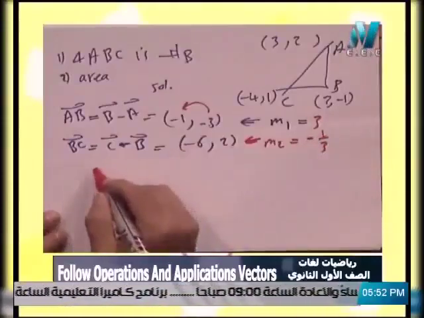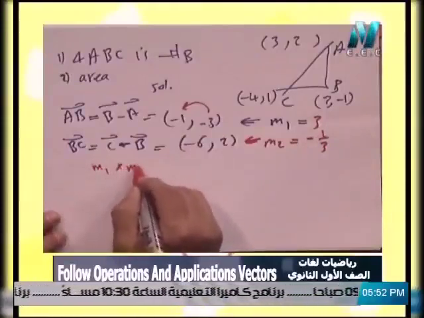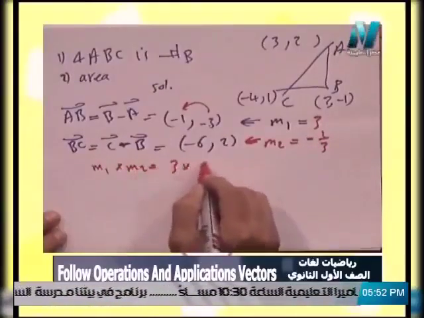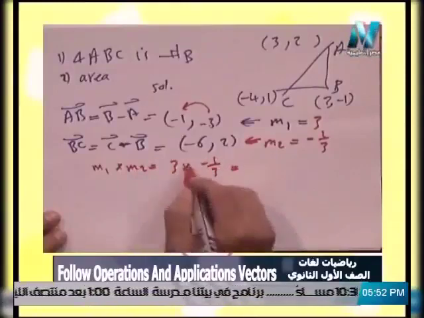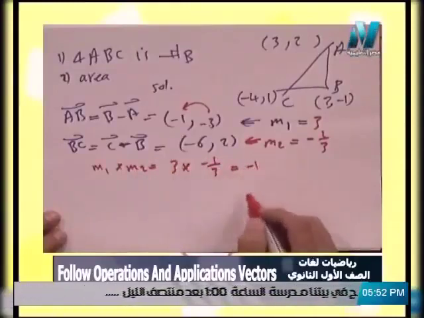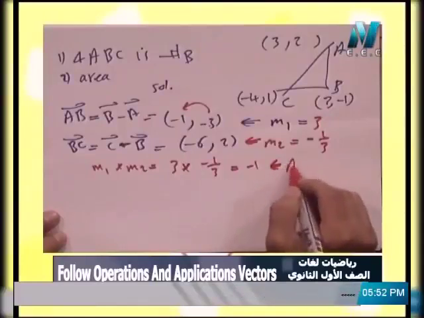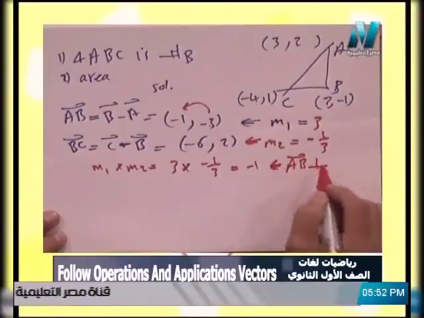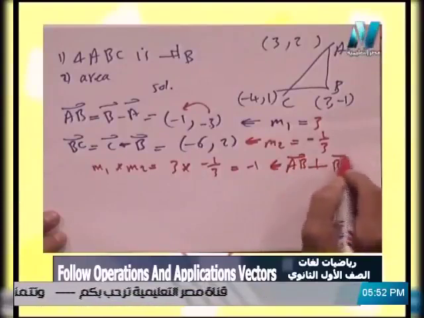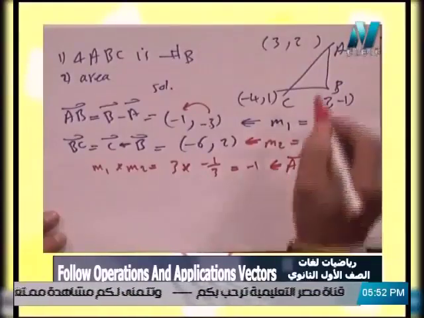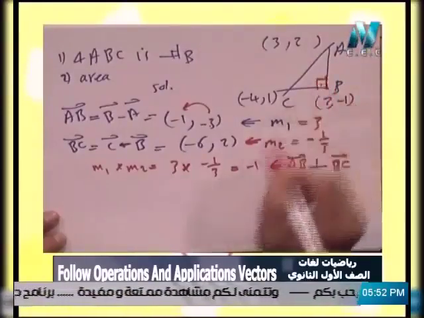By multiplying m1 times m2, 3 times negative 1 over 3, the answer will be negative 1. So these two vectors AB and BC are perpendicular. So now we have a right angle triangle.